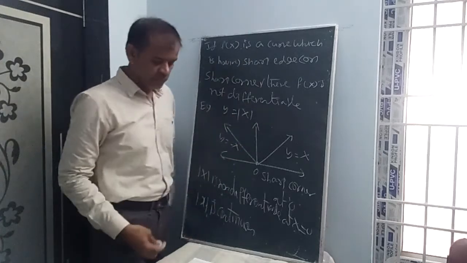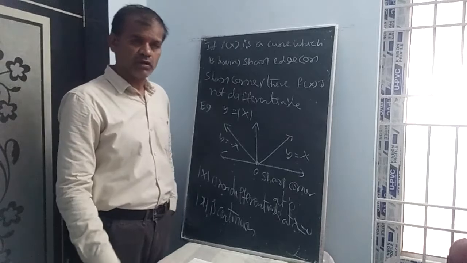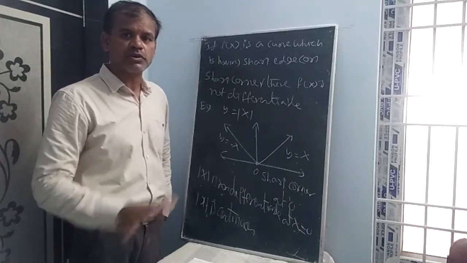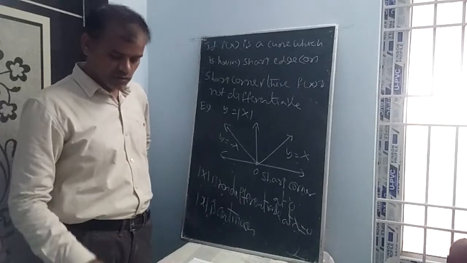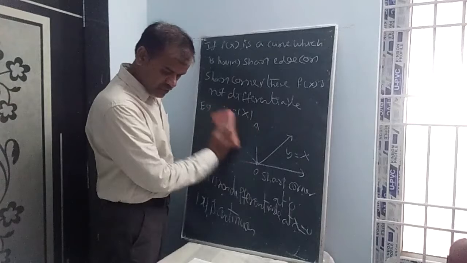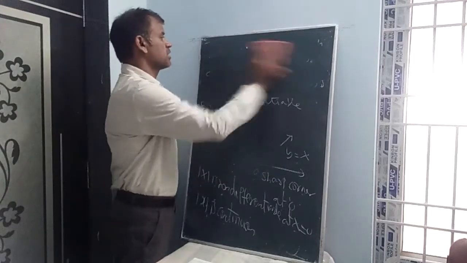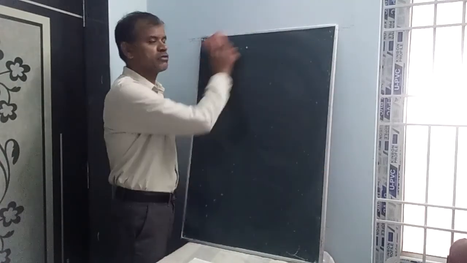This is the example of f of x as a curve. If a curve is differentiable, it is always continuous. If a curve is not continuous, then no need to discuss whether it is differentiable. Now you can understand that the theory of differentiability is that the limit should exist. LHD should be equal to RHD.